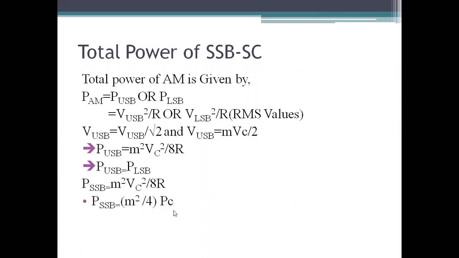The carrier power is nothing but Vc square divided by twice R. By putting that here, we got PSSB as m square by 4 into Pc, and therefore the total power of the SSB-SC signal is given by Pc m square by 4, where m is the modulation index, given by Vm by Vc.